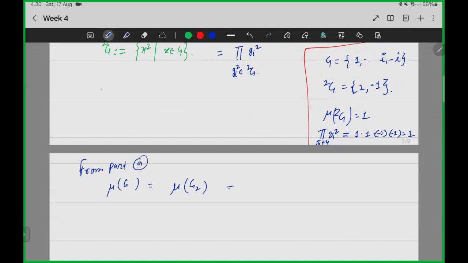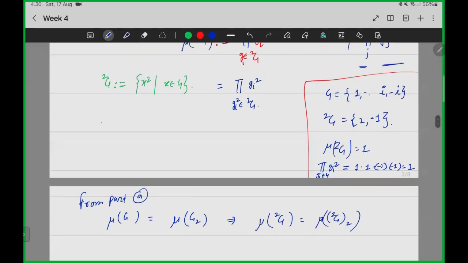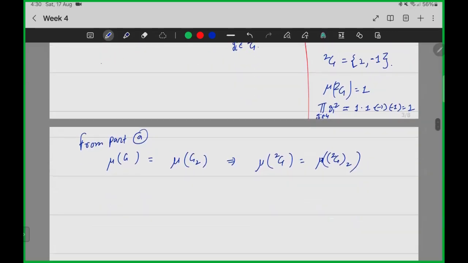Yes. And this implies mu of 2G, this group, is the same as mu of 2G2, right? Yes. Okay, nice.